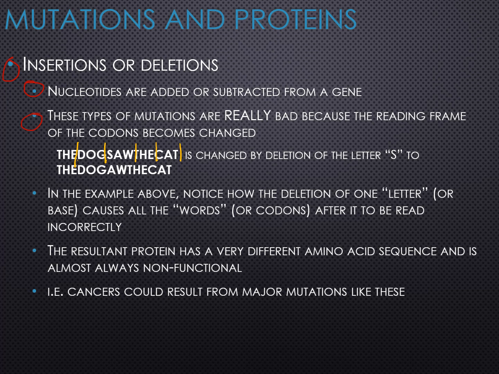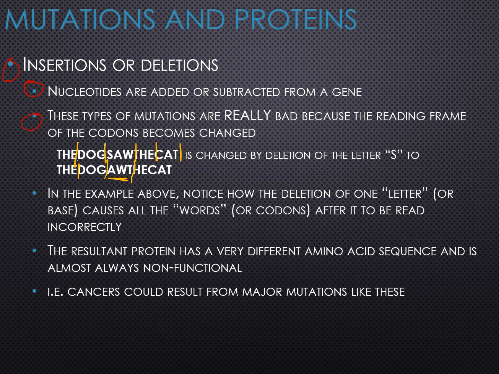So if we, for example, deleted, what are we going to delete here? Let's just start reading through it. So the first 3 is the, second 3 is dog, and then AWT, what's up with that? Ought. So we deleted an S. An S was deleted. So this third codon makes no sense anymore.